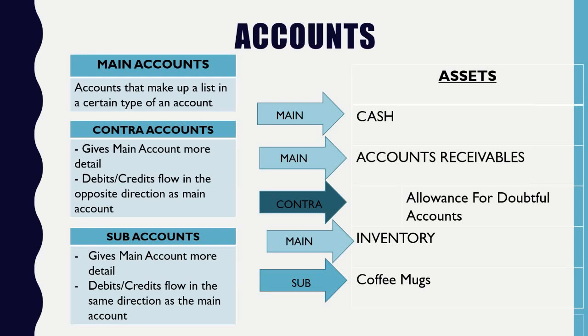We have our assets, liabilities, equity, revenues, and expenses. Now, when we break it down even further, we can break them down into categories. Or categories, and then when we expand out the categories, they become more and more.